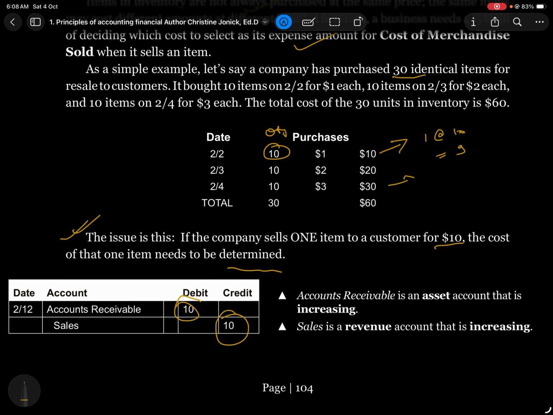If we do LIFO, last in, first out, 1 at the rate of $3, our profit would be $7. If we choose the average method, our profit will be 8. Why is that? Because 60 divided by 30 would be 2. 1 at the rate of 2 will be expensed out, so 10 minus 2 will give us 8.